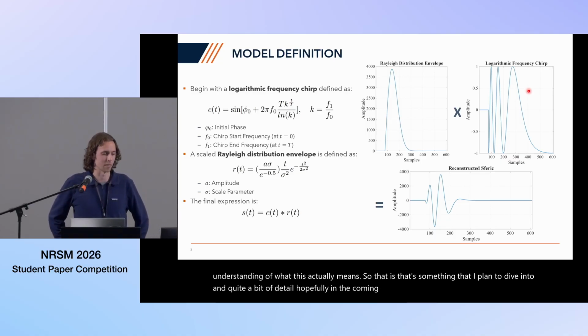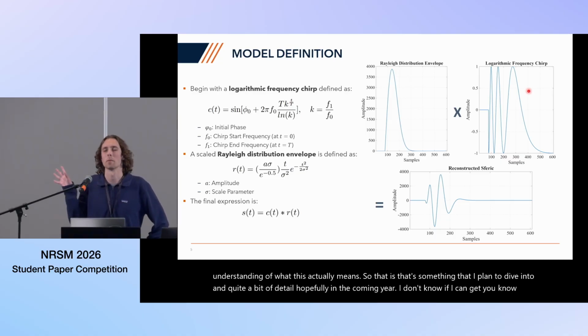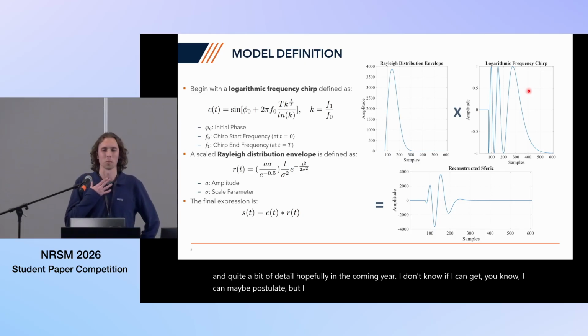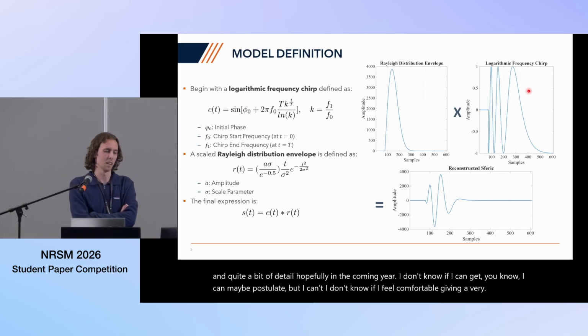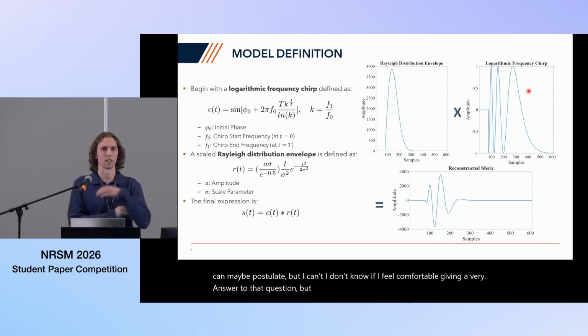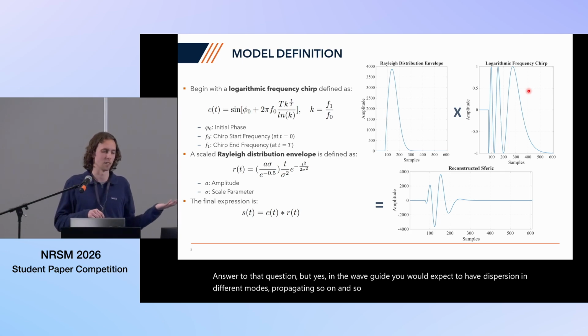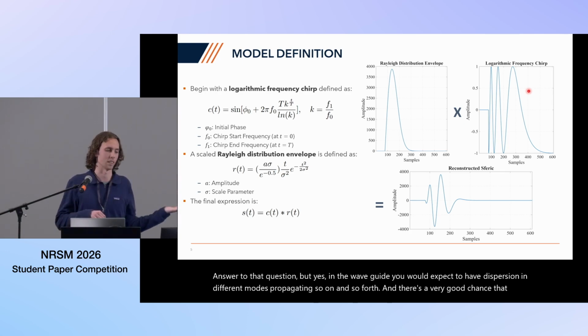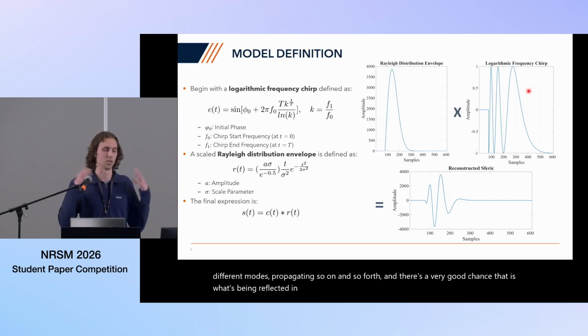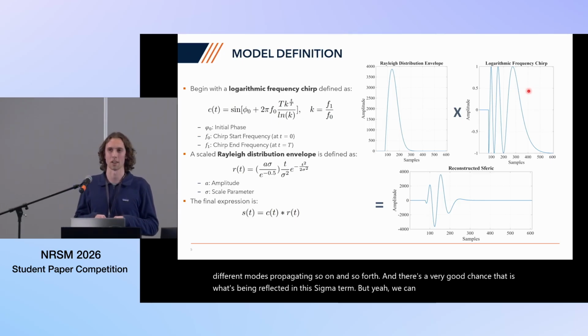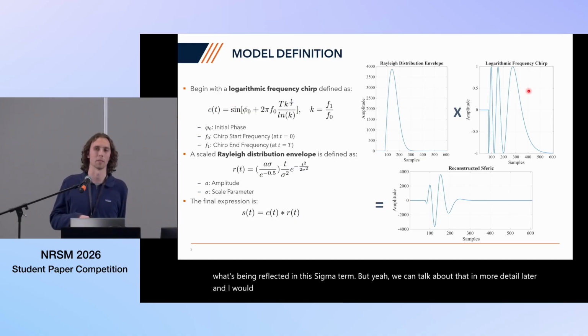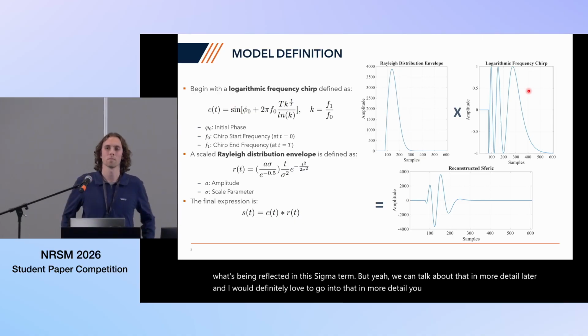I can maybe postulate, but I don't feel comfortable giving a very detailed answer to that question. But yes, in the waveguide, you would expect to have dispersion, different modes propagating, and so on and so forth. And there's a very good chance that is what's being reflected in this sigma term. But we can talk about that in more detail later, and I would definitely love to go into that in the coming months.